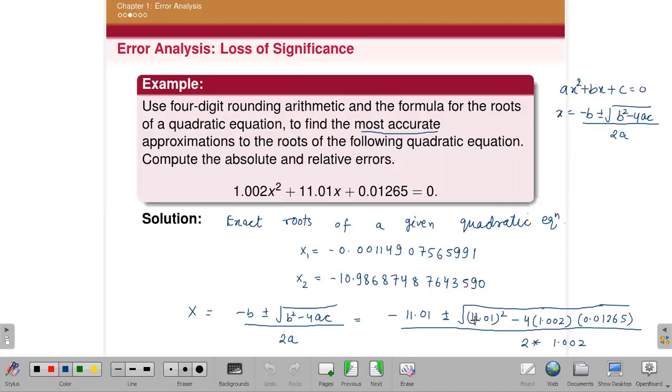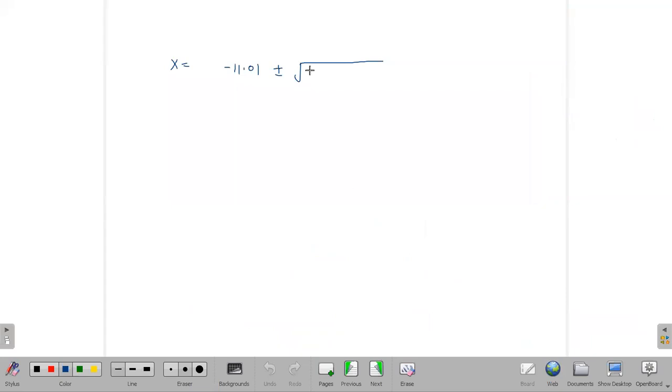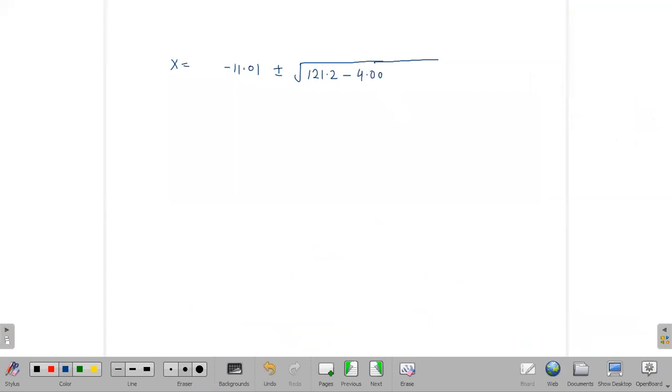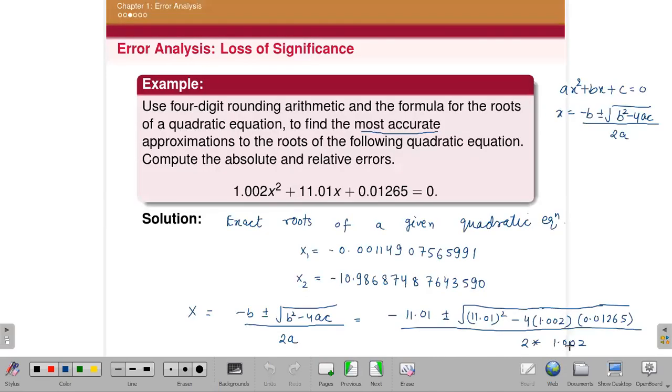So take 11.01 square. 11.01 square will give you 121.2 in 4-digit rounding arithmetic. Minus, now multiply these two, it will be 4.008. And then in the denominator you have 2.004, multiplying 1.002 with 2.